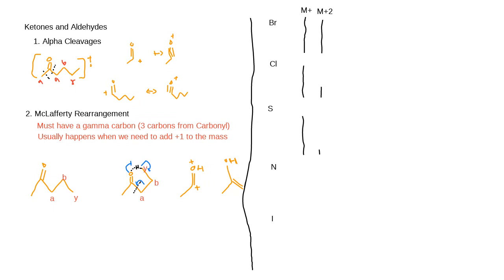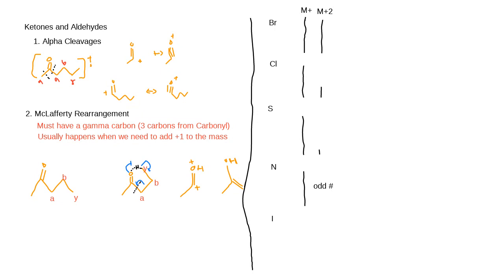Nitrogen will not have a unique M plus character, but whatever it is, it's going to have an odd number. Okay. So any odd number as your M plus, and your fragments are going to be even numbers. Okay. So any odd M plus automatically contains a nitrogen.